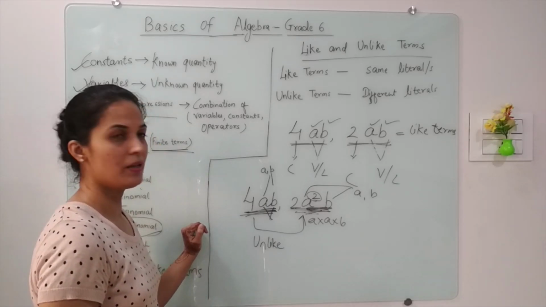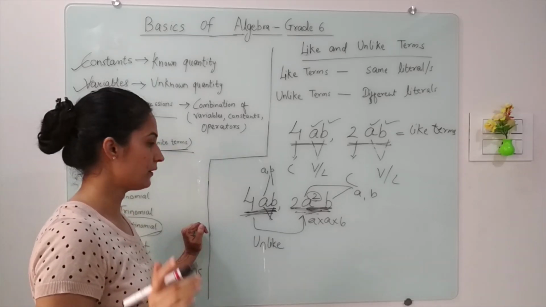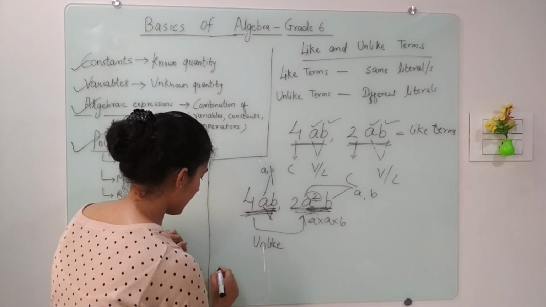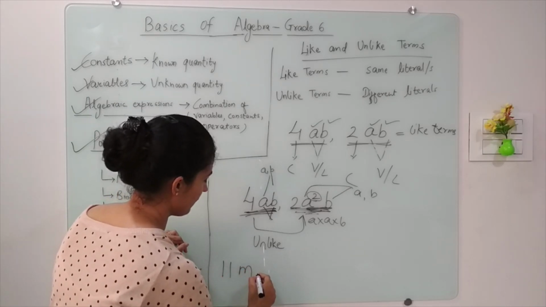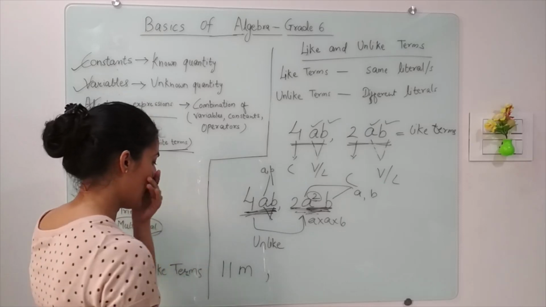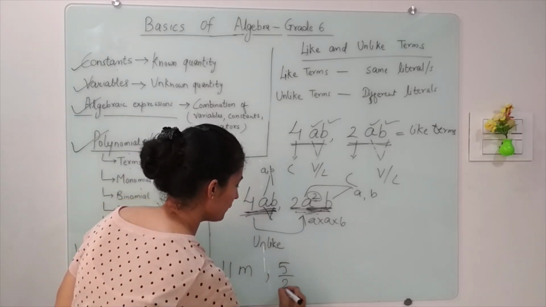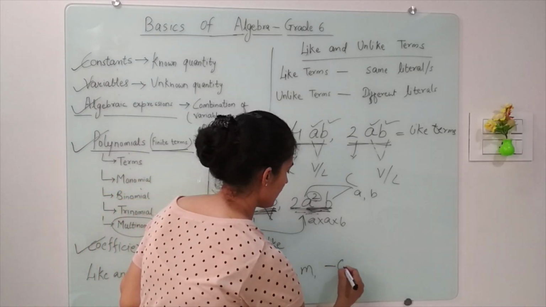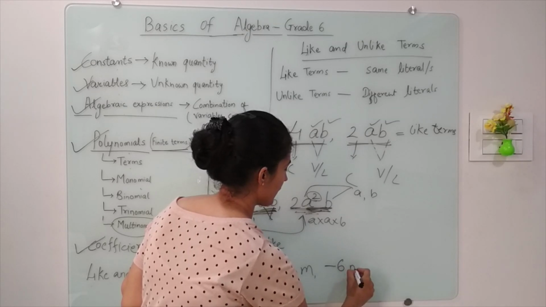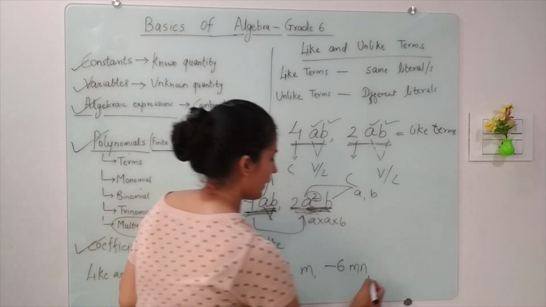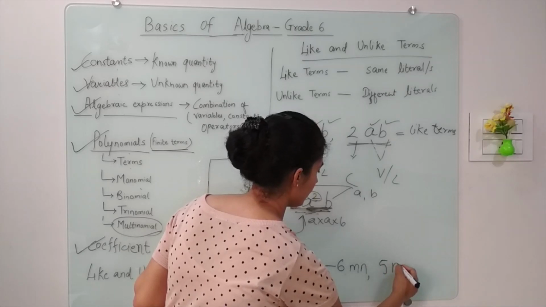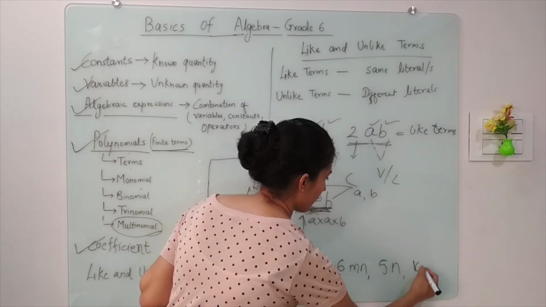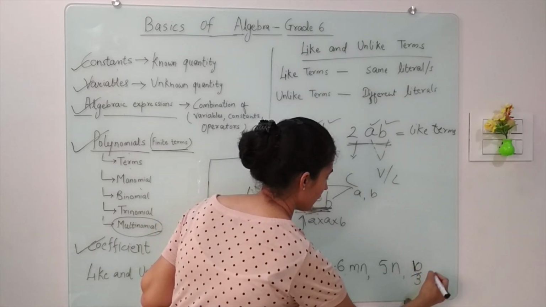Let's see one example. We will try to identify the like terms and the unlike terms in some given terms. Say, for example, I have 11m. One term is 11m, another term is 5 by 2m, another term is minus 6m, then we have 5n, then we have 10 by 3m.